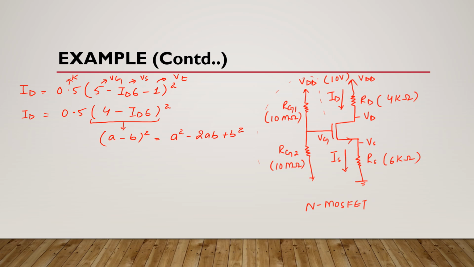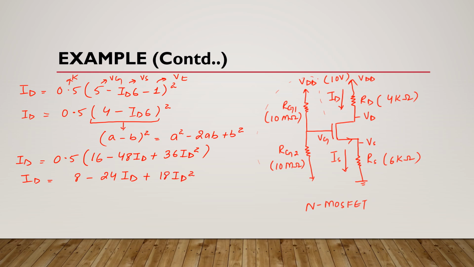It means this equation now becomes 0.5 times (16 minus 48 ID plus 36 ID square). Now if we open this bracket, we have 8 minus 24 ID plus 18 ID square.